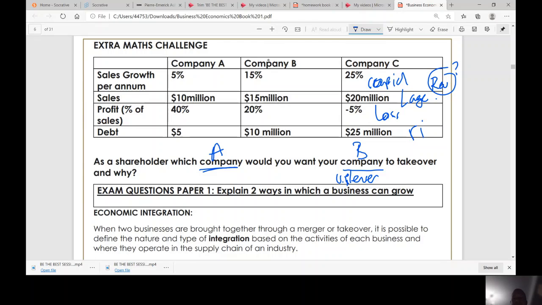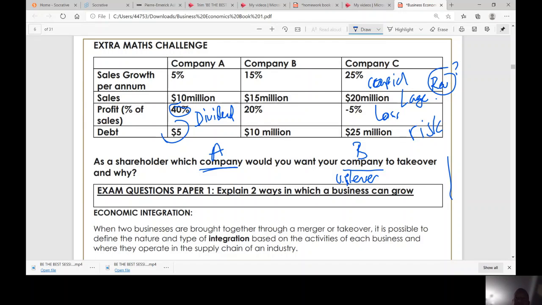So there's potentially risks around that, but also potentially high reward. Company A has the lowest sales, but it does have the largest profit margin. So in terms of dividends and returns on investment, even though it's a smaller company, it's more profitable. It also has very little debt, so lower risk. So different ways of looking at companies in terms of sales, revenue, profits, and debt.